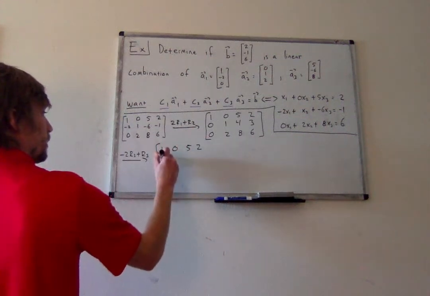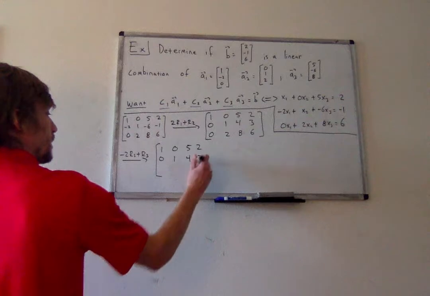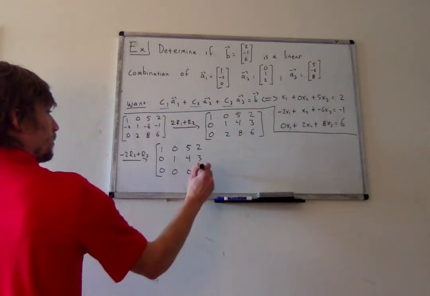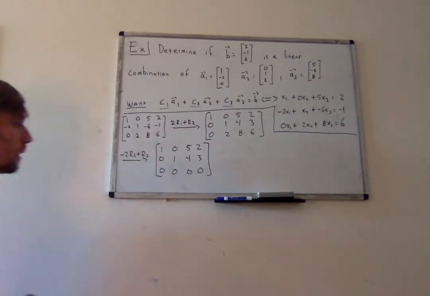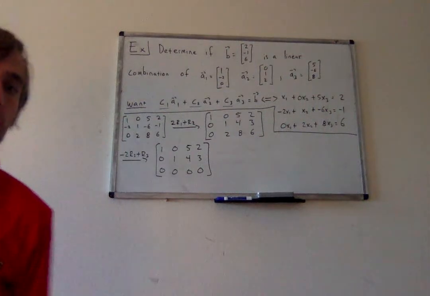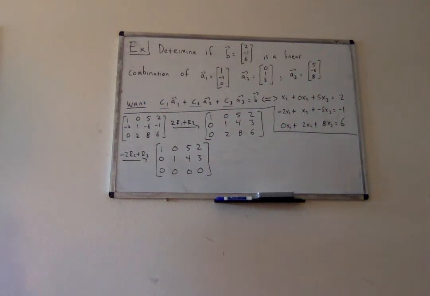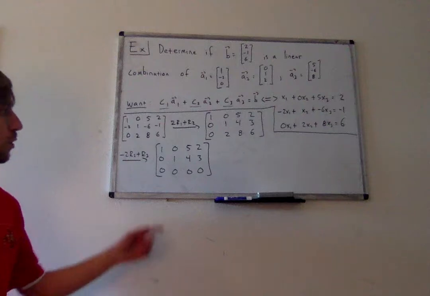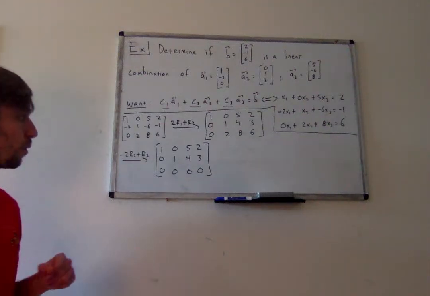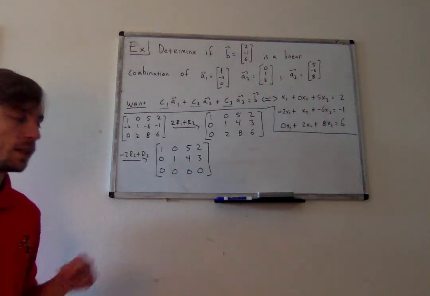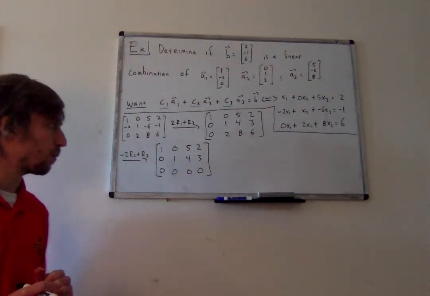And I think after this step, I'm done. So just a quick recall to sections 1.1 and 1.2: this is in reduced row echelon form. All of my leading entries are 1s. All of the 0 rows are at the bottom of the matrix.